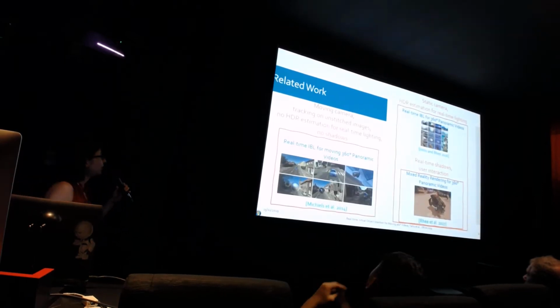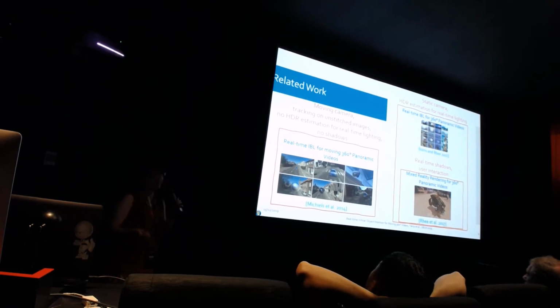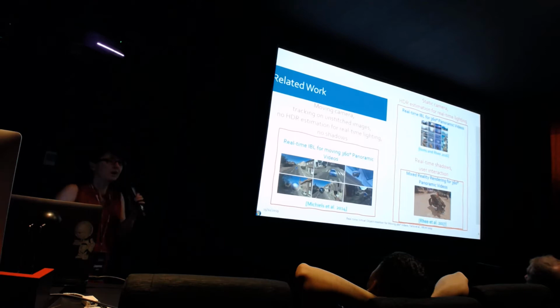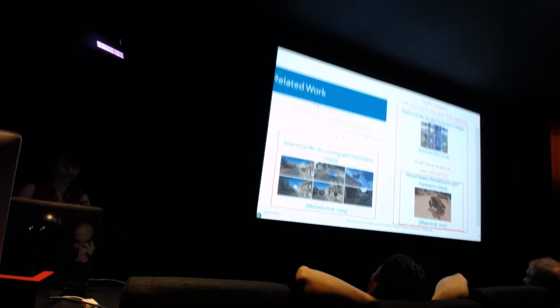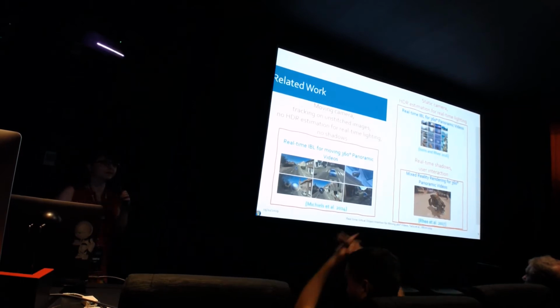So there are two approaches which are close to ours, which we based on. It's the work of Richardt et al., which used a moving camera. So they calculated structure from motion to get the camera motion, and to do that they tracked on unstitched images.